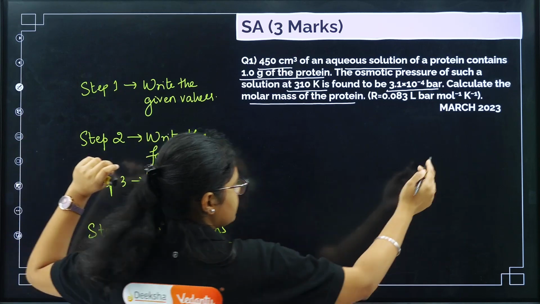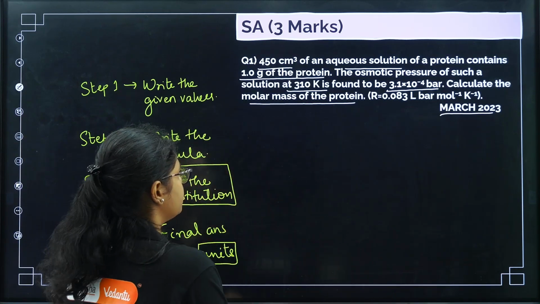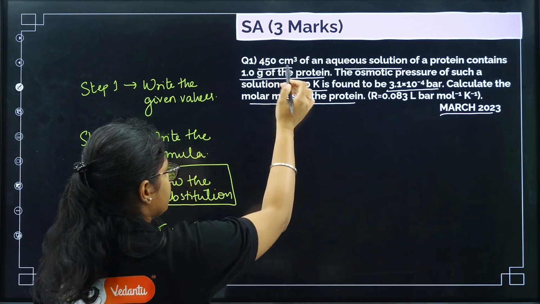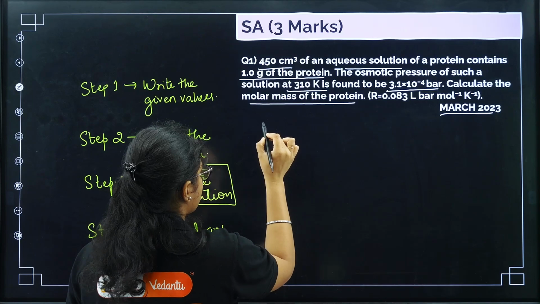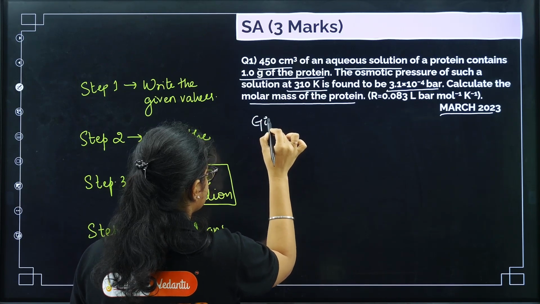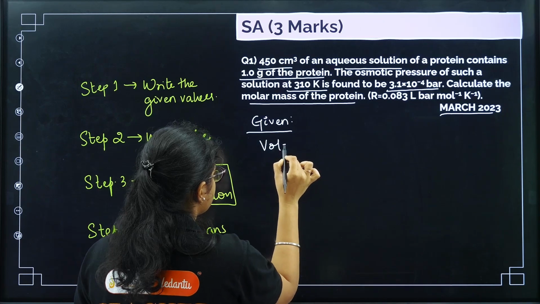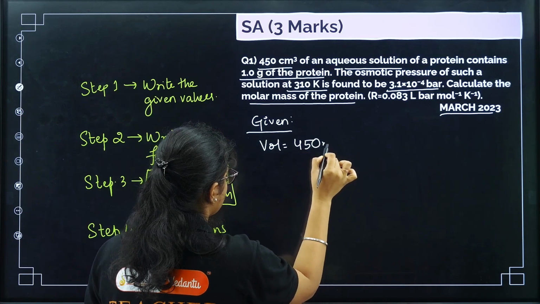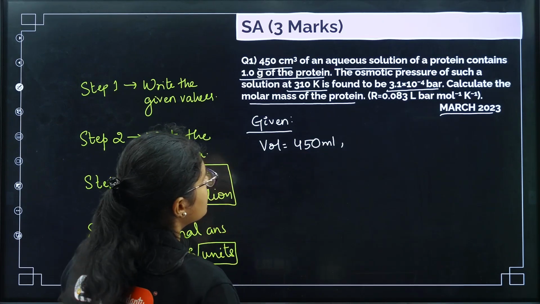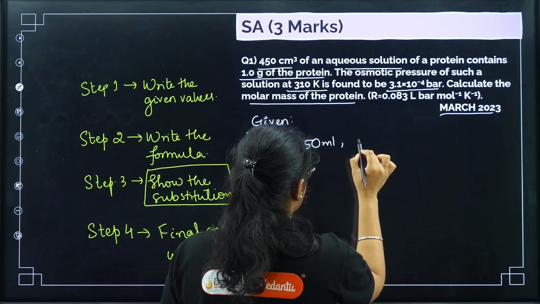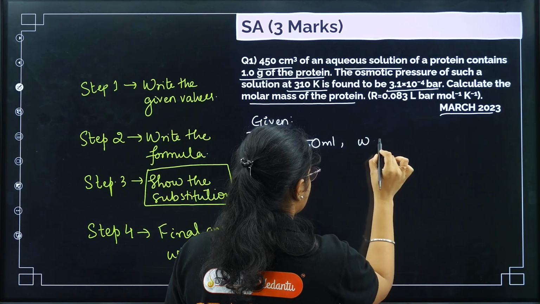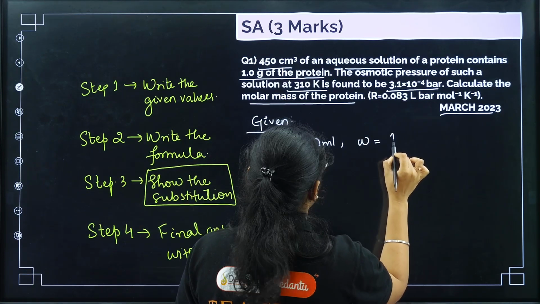This is a previous year question of March 2023. 450 ml. 1 centimeter cube is 1 ml. So I can write the given data. Volume is 450 ml. Next, 1 gram of protein, so I can write W, protein mass is 1 gram.